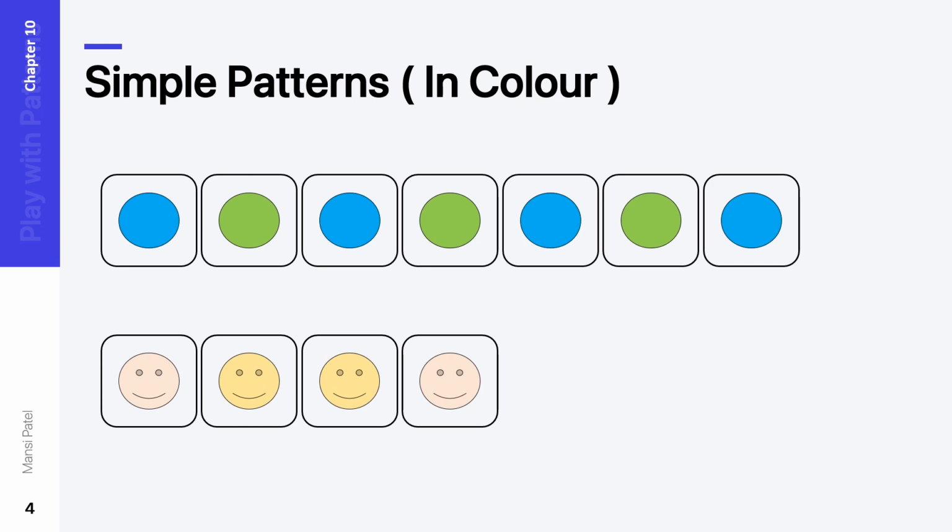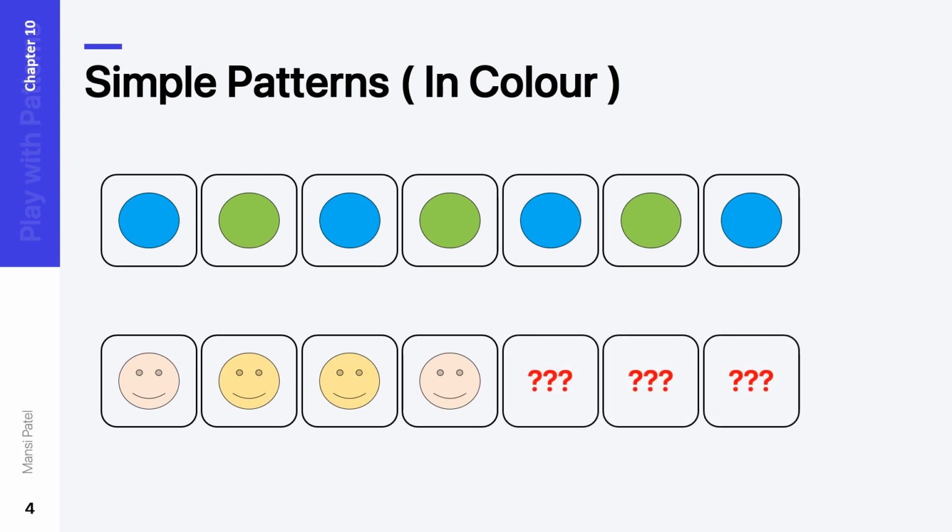So you just think that one time it comes with light pink and twice it is light yellow. Now what about the next three? So see here, pink, two times yellow. After that again it is pink. Then whose turn? Yes, it's light yellow.